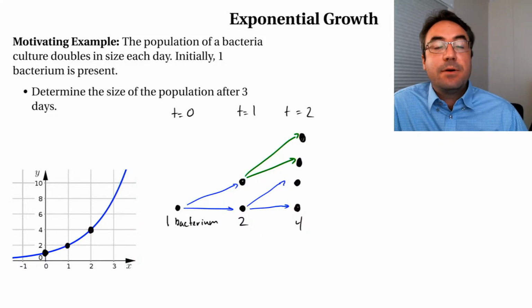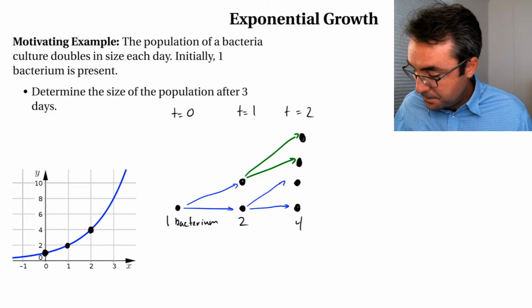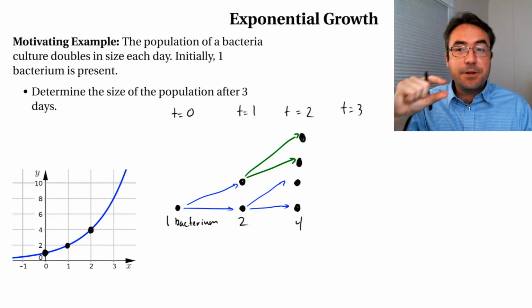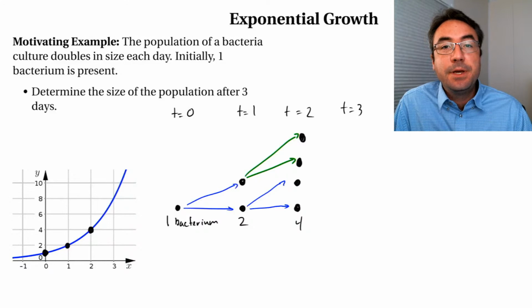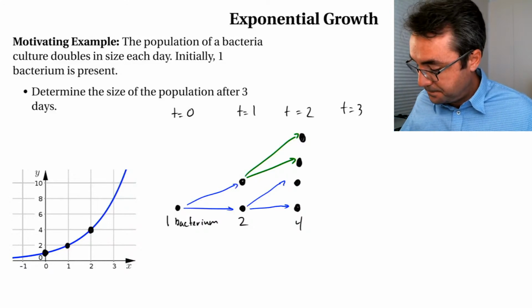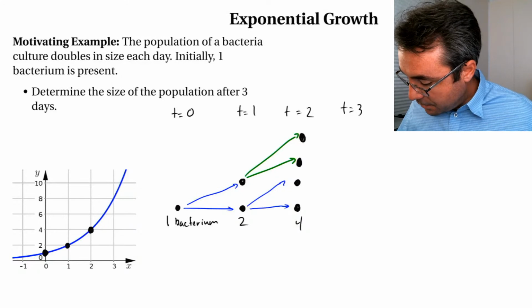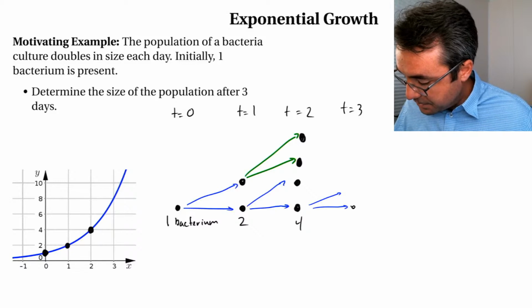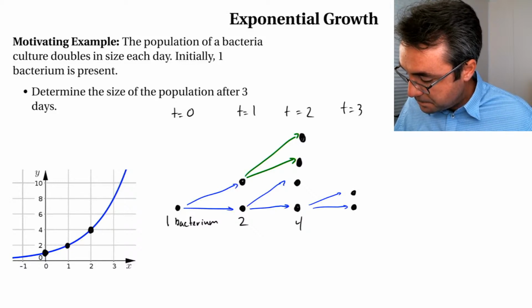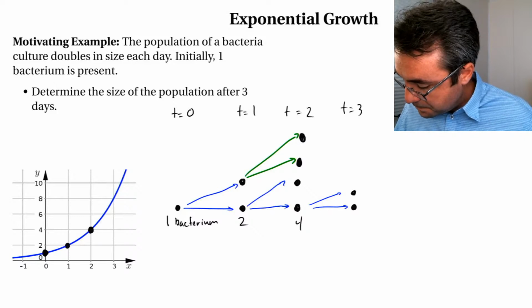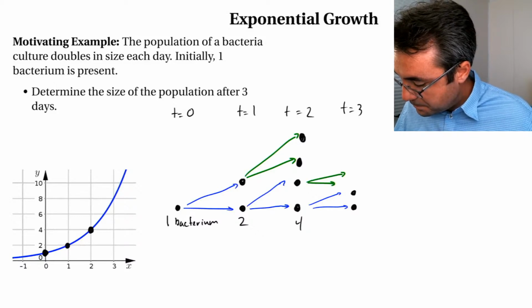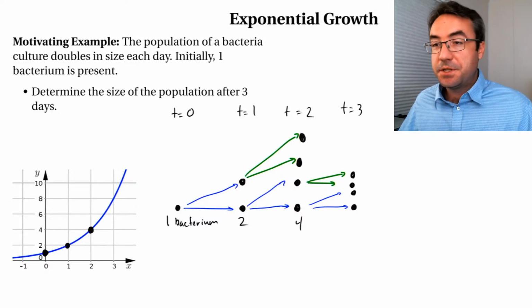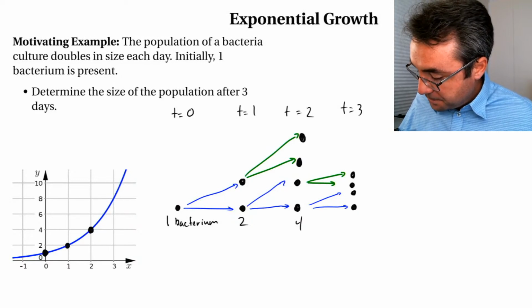And let's see what happens after day 3. So we let 1 more day go by, and each of the bacteria present on day 2 is going to split. That first one is going to split, that second one is going to split, and each of them splits into 2.